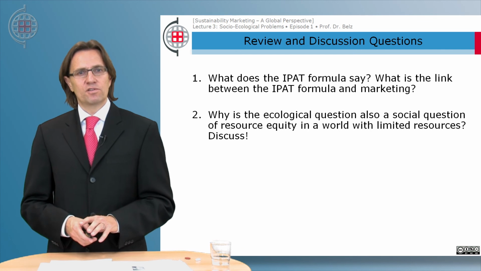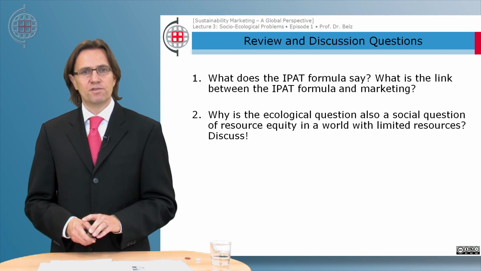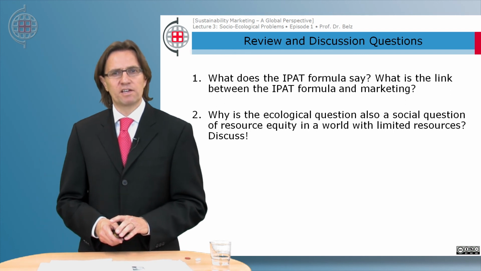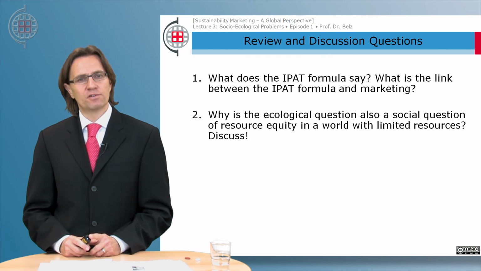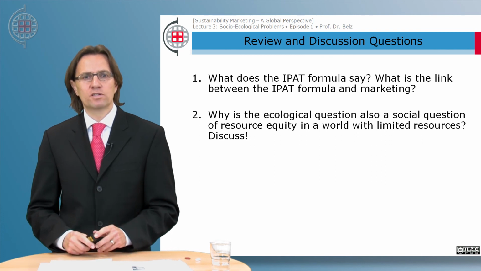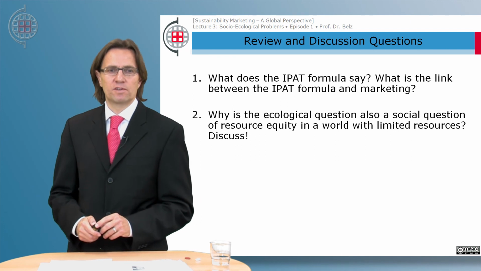And this is also the first review and discussion question. What does the IPAT formula say? What is the link between the IPAT formula and marketing? And why is the ecological question also a social question of resource equity in a world with limited resources? Discuss.